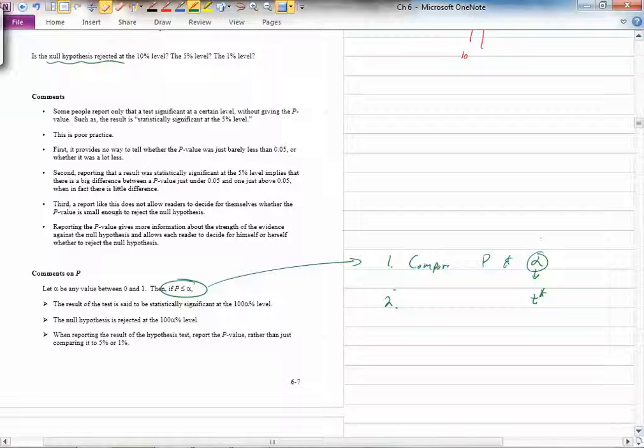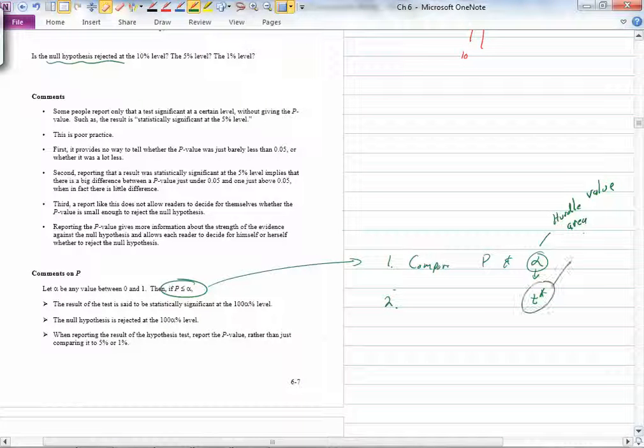So alpha is a hurdle value based on area. T star is the same thing, a hurdle value based on t.